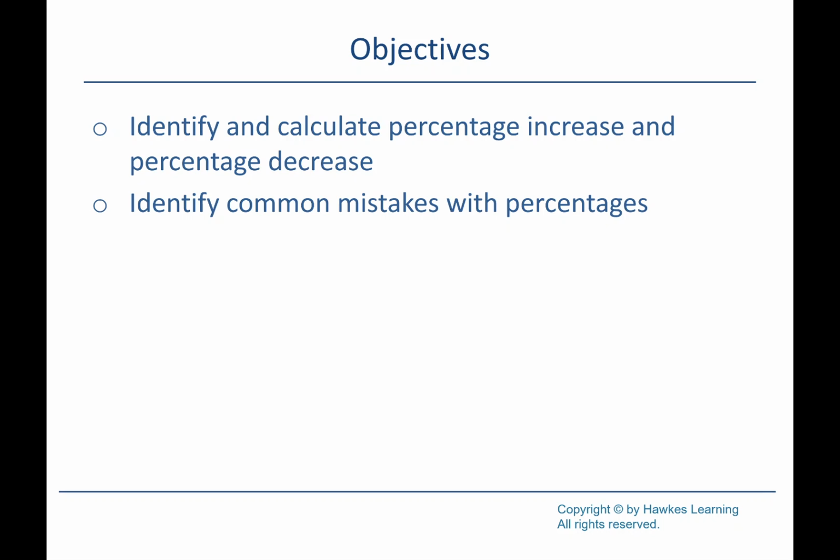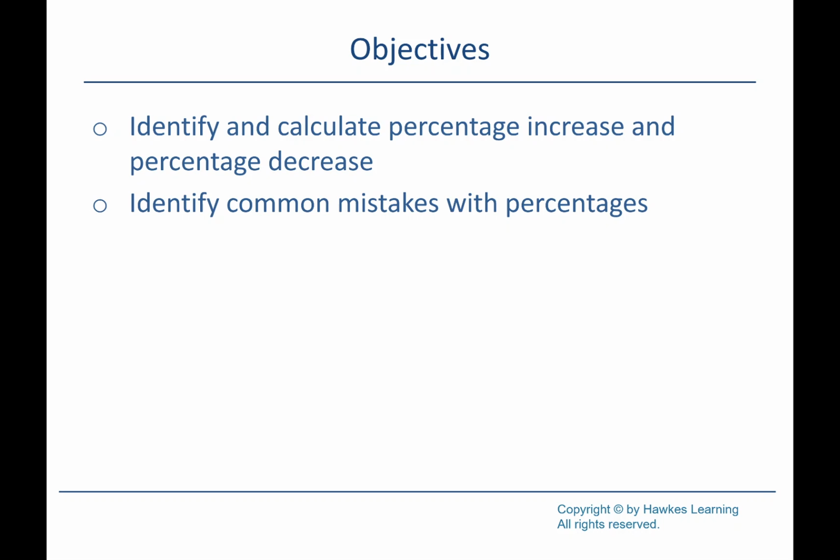And then the last little part of the section, we're looking at things you need to pay attention to when people are using percentages. There are some things people do with percentages that don't make sense. They're really commonly done, so you want to be able to look out for those. So that'll be our last thing there.